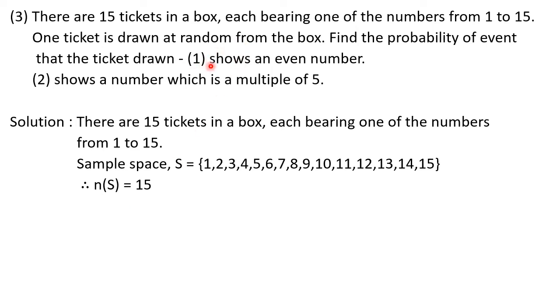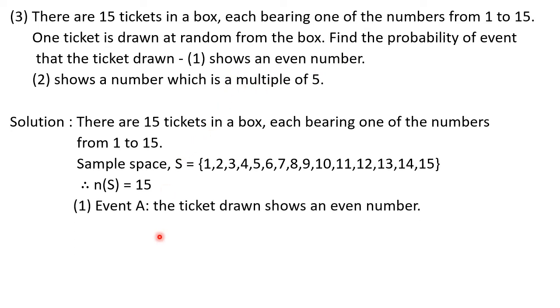Now let's see the first event, that the ticket shows an even number. Describe it as event A: let event A be the event that the ticket drawn shows an even number. So here we have to write down all the even numbers 2, 4, 6, 8, 10, 12, 14.